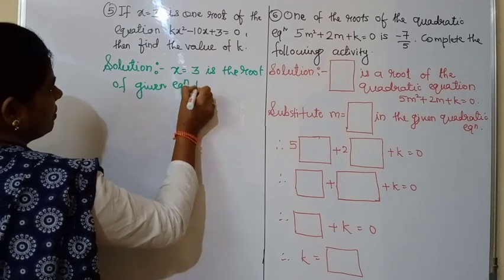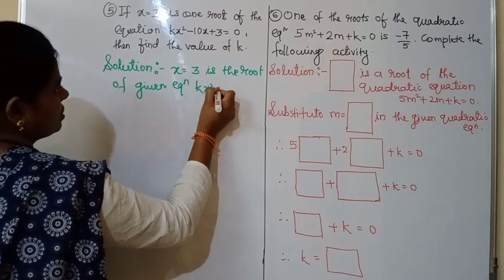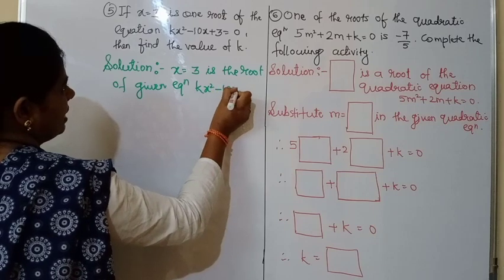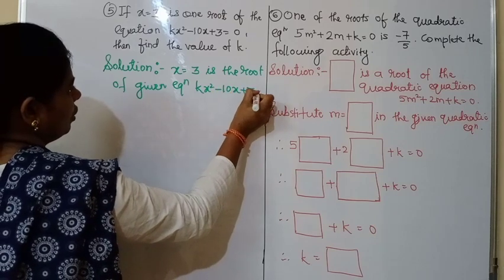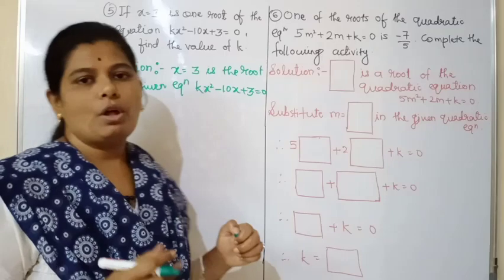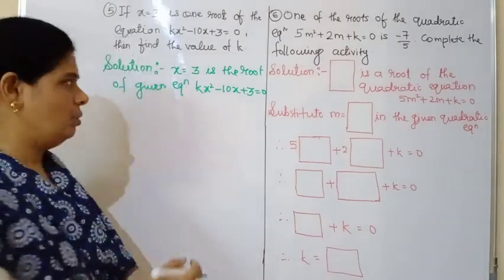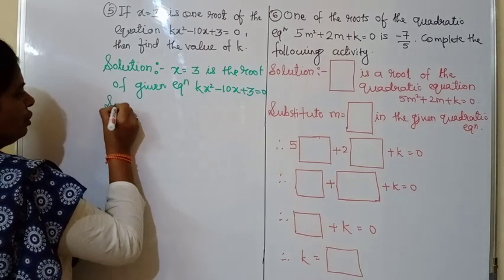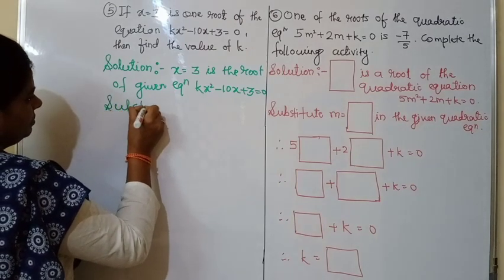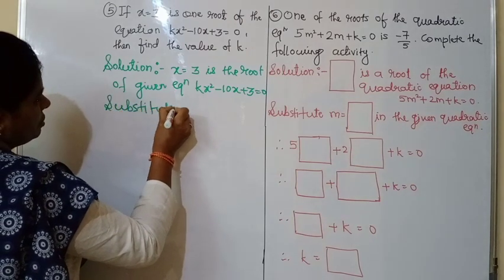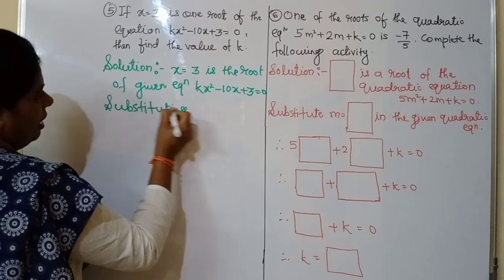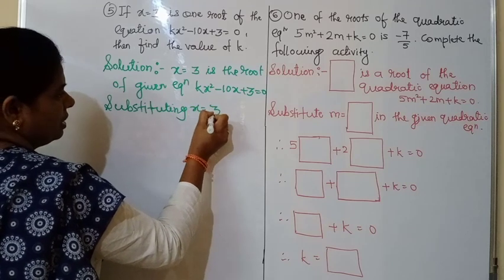Which is the given equation? That is kx square minus 10x plus 3 equal to 0. Now what we have to do here is substitute the value of x. So substituting x equal to 3.